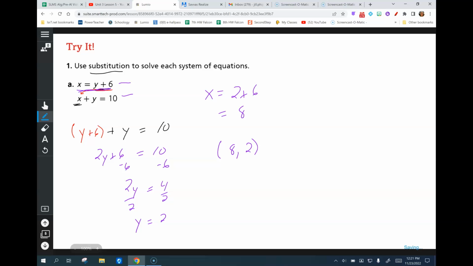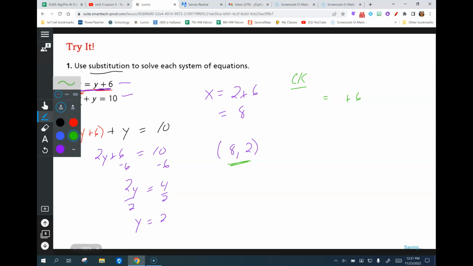Now I also want to refresh your memory on how we check this. If I want to see if it's right, I have to plug this answer into both equations, and it has to be true for both in order for it to work. So if I plug into the first one, 2 is equal to 8 plus 6. Do you see my mistake? I put the wrong x and y in there.